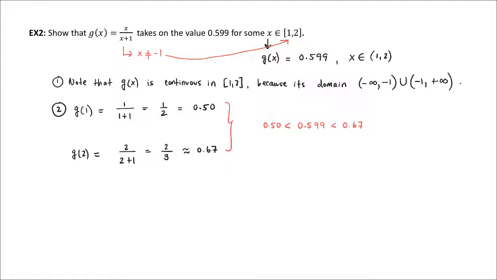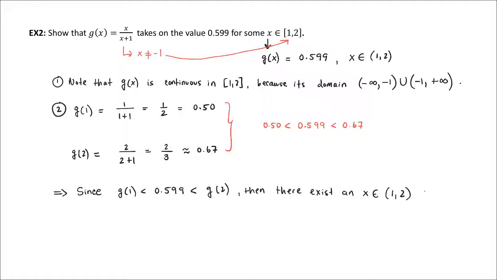In other words, what this is telling us is that since g of 1 is less than 0.599 and 0.599 is less than g of 2, then we know for sure that there exists an x in the open interval (1, 2) such that g of x is equal to 0.599.